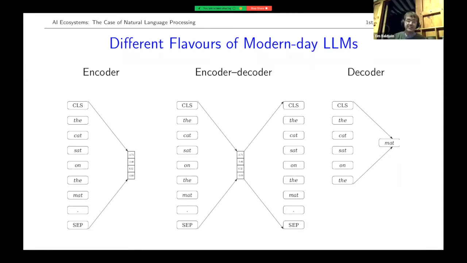In practice, we're generating individual contextual representations for each of the tokens, as well as an overall representation, which is canonically associated with the special CLS token as the starting token. But it's an encoder in the sense that we take text and we generate these embeddings for the text, for individual tokens as well as overall. We also have two other key flavors of modern day large language model.